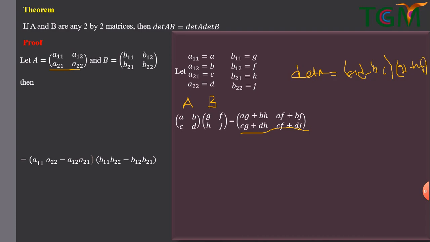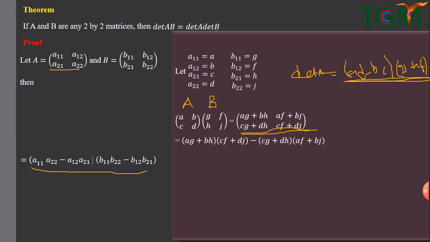So the determinant of this part should give us this determinant, and this is equal to this. If we multiply the major diagonal and the minor diagonal, we get that. Expanding that, we get AGCF plus AGDJ plus BHCF plus BHDJ minus CGAF minus CGBJ minus DHAF minus DHBJ.